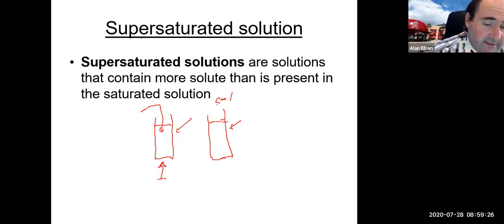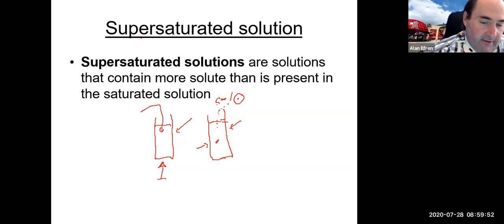It's so unstable that if you just tap the sides of the flask or the test tube, or if you take one small piece of solid, like that big, I'm going to circle it because you might not be able to see it, and you just drop that one little measly crystal in here, that's enough to make the solution go, whoa, too much dissolved.